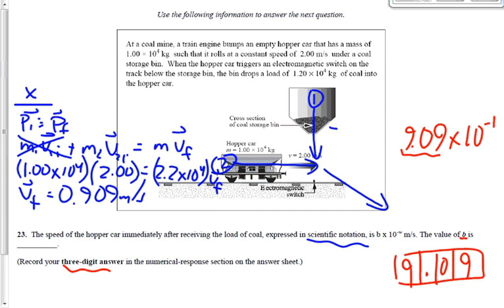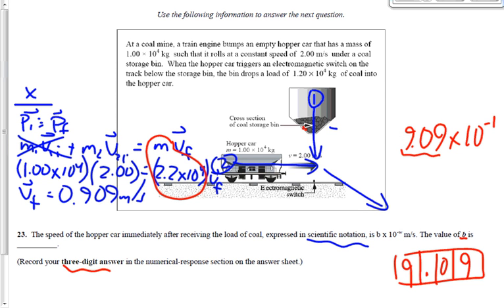Okay, scientific notation, it's 9.09. Does that make sense? Because the hopper car and the coal combine after the collision, so we've got to add the two masses together, the hopper car and the coal. Does that make sense, guys?